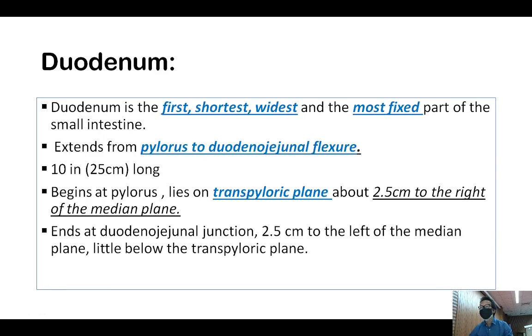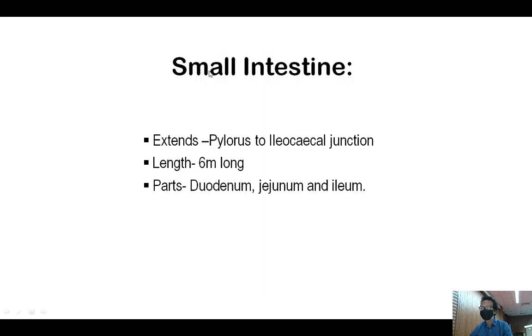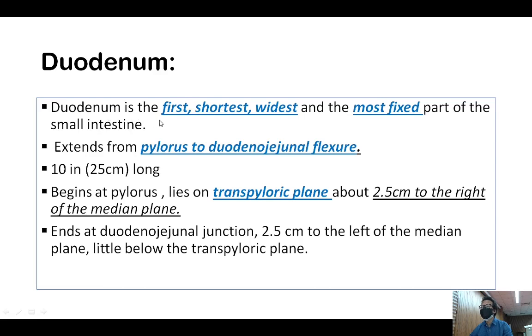All right, duodenum, as we saw in the photo, see here, duodenum is the first part of the small intestine. Okay, it's the widest and the shortest part of the small intestine. Duodenum is the first part, shortest, widest, and the most fixed part of the small intestine. So that means the other part of the small intestine, which is jejunum and ileum, are highly mobile.